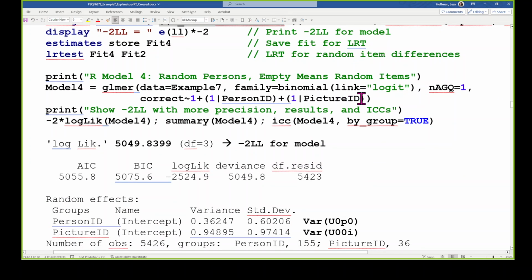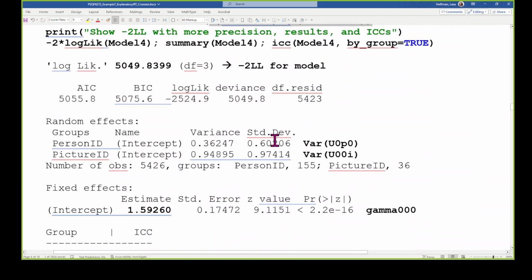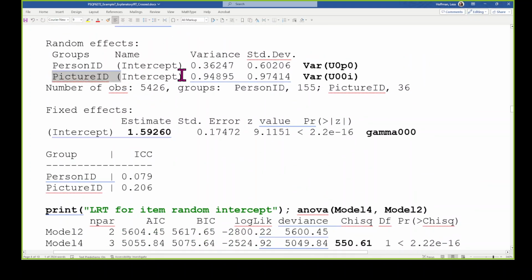And in R, it's even simpler. It looks just like any other set of random effects, just different sets of parentheses. One for people, one for items. So now we have a variance across pictures rather than separate intercept estimates per picture. It's a random intercept variance across pictures, not 36 separate means.